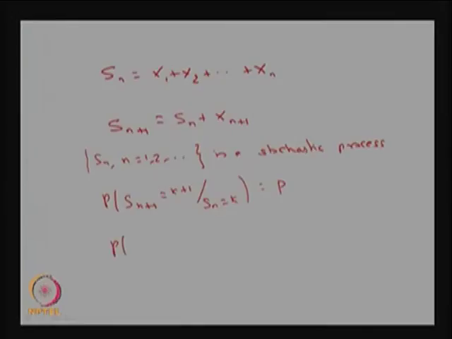Similarly, suppose Sn plus 1 is k such that Sn is also k, then that is possible when in the n plus 1th trial you got the tail. Therefore, that probability is 1 minus p.